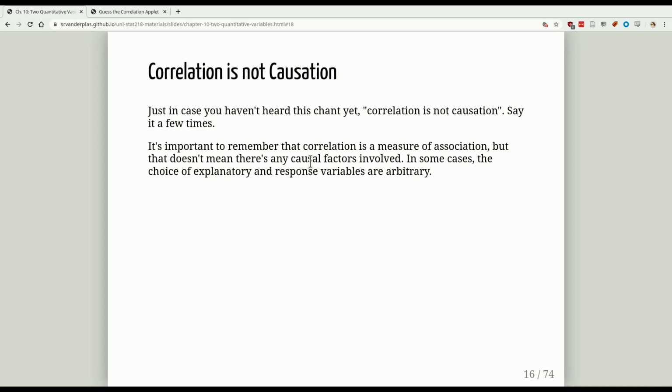So even if we use one of them to explain the other, that doesn't mean that there is any sort of causal relationship there. Alright, so just a good little advertisement there for the fact that we need to keep things straight as to what we can and can't claim.